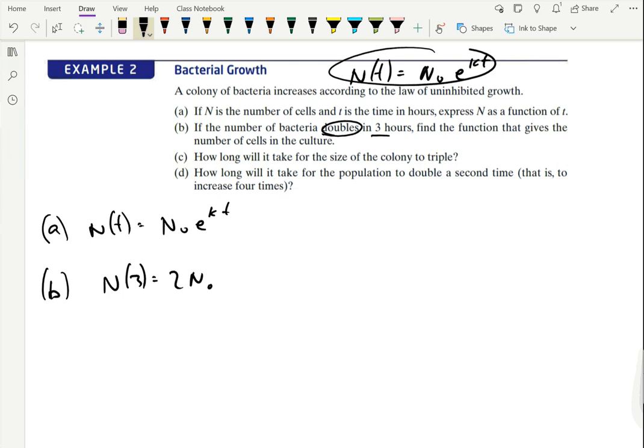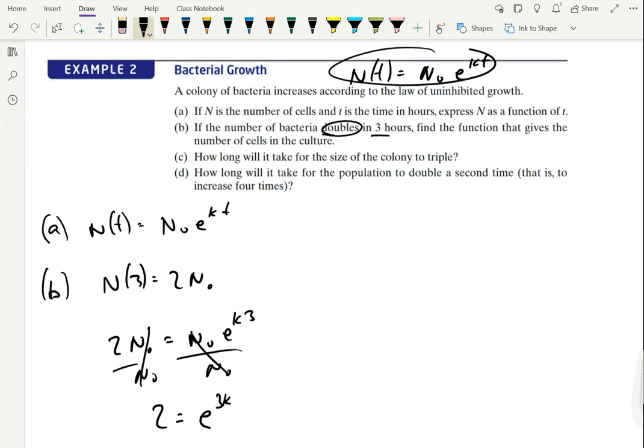So again, like we did last question, one way to do this is to say, all right, well, I want 2 N sub 0 on my left side. Is going to be N sub 0 e to the k times, and because this is 3 hours, that's going to end up being 3 as far as my variable up there. When I divide both sides by N sub 0, those cancel, so I get 2 equals e, and instead of k3, I'm going to write 3k.